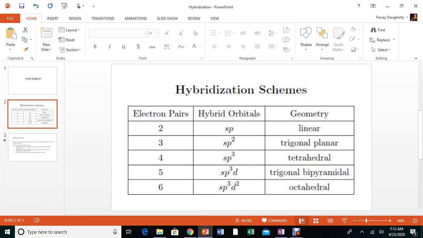Ignore the last column, that is electron pair geometry, and we are ignoring that column in the VSEPR theory chart, so ignore that column in the hybridization schemes chart.